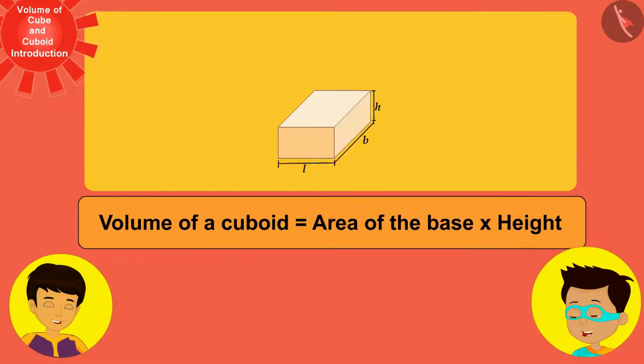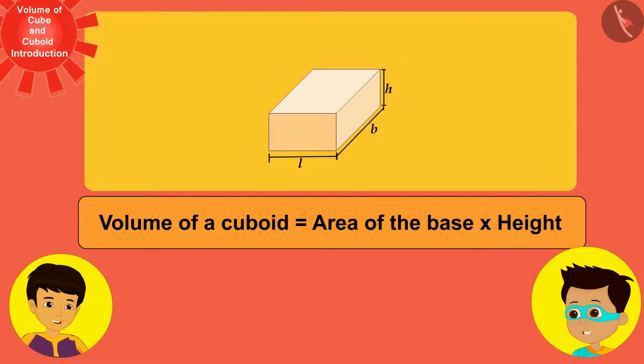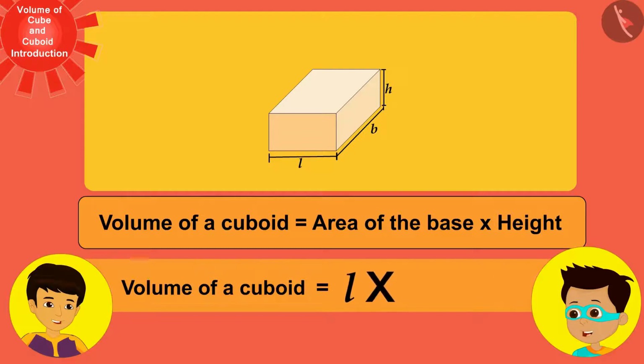We can measure the volume of any cuboid as the area of its base multiplied by its height. Or, in other words, we can write it as the product of its length L, breadth B, and height H.